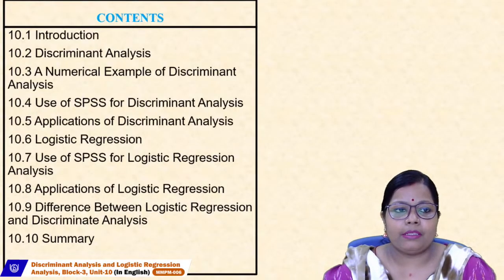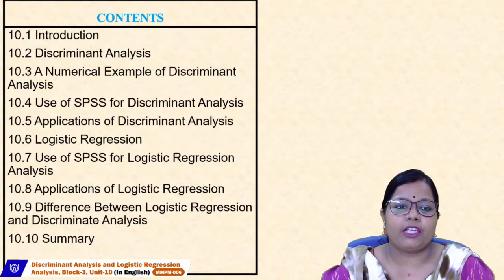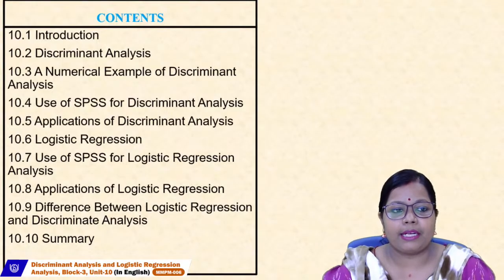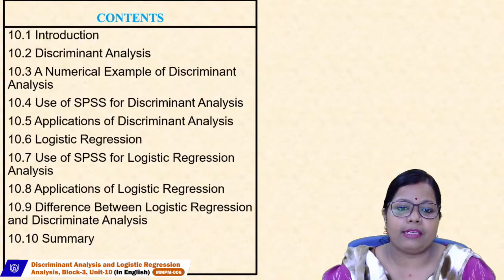So in this chapter, we have contents like the introduction of multivariate analysis, of discriminant analysis and logistic regression. Then we will talk about how discriminant analysis is calculated, a numerical example we have given. Then we have also discussed how we will use the SPSS package for calculating this type of analysis in our research.